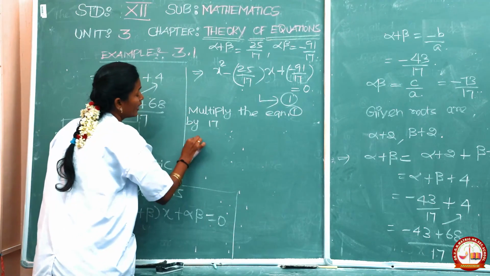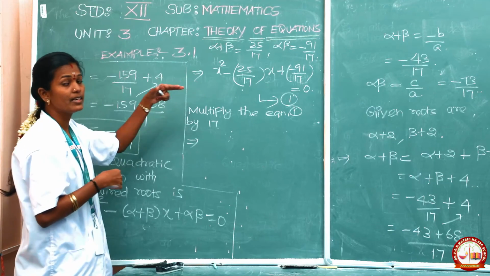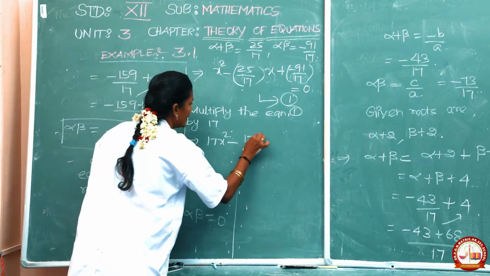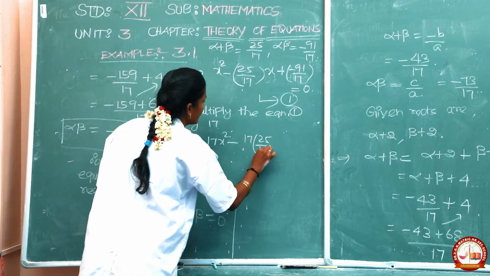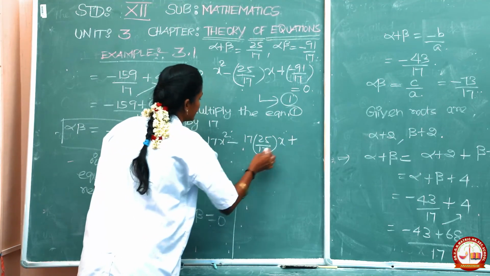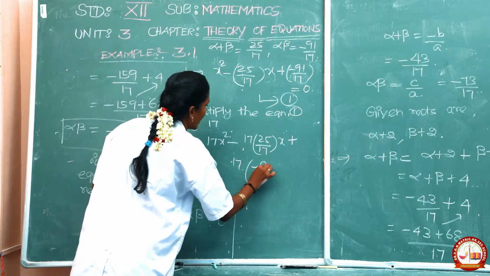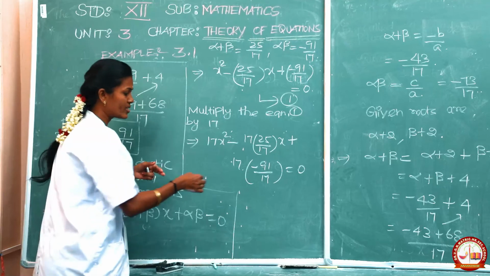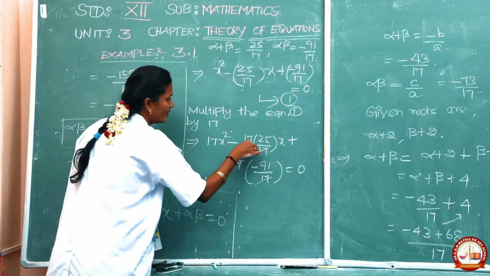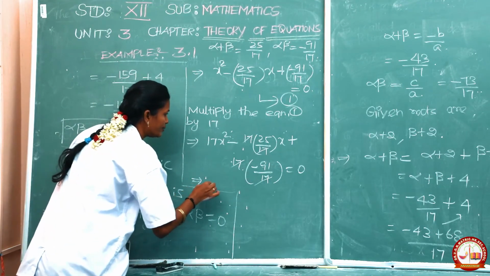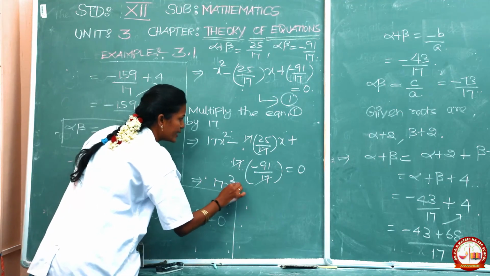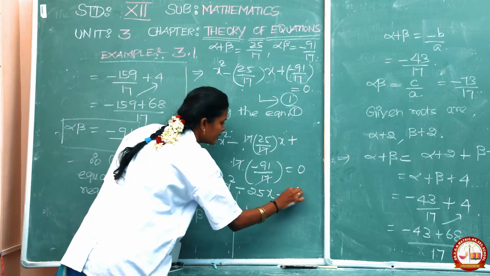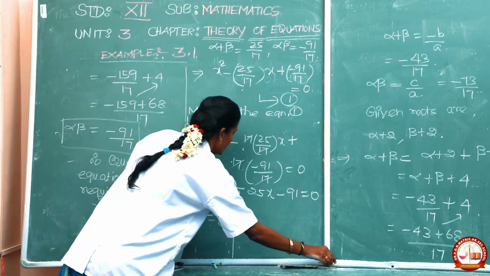So multiply in each term: 17x square minus 17 into 25 by 17 into x plus 17 into minus 91 by 17 is equal to 0. So 17 gets cancelled. The remaining equation is 17x square minus 25x minus 91 is equal to 0.